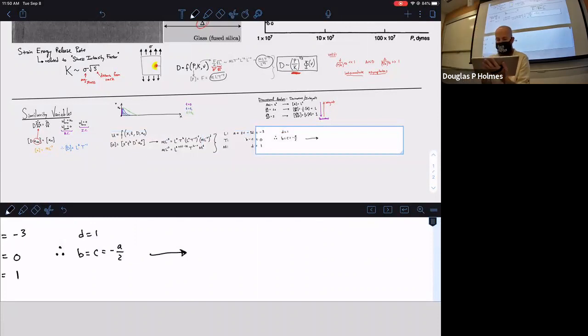And we can say that U should scale as U naught, which is to the 1 power, times X over the square root of dt to some unknown power, we'll call it A.